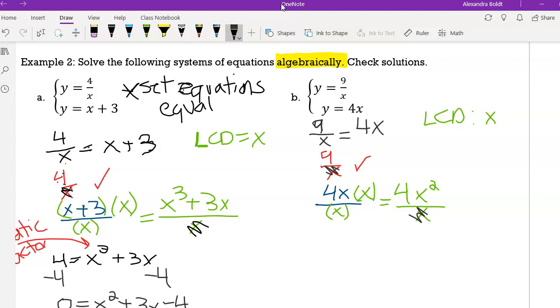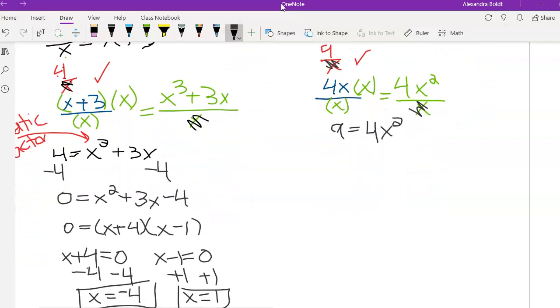So I have 9 equals 4x squared. Again, this is a quadratic, so I'm going to subtract 9 from both sides. So I get 0 equals 4x squared minus 9.